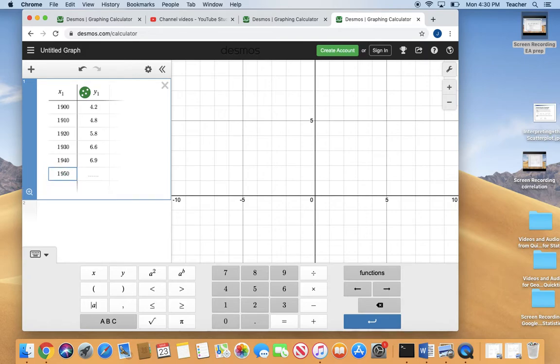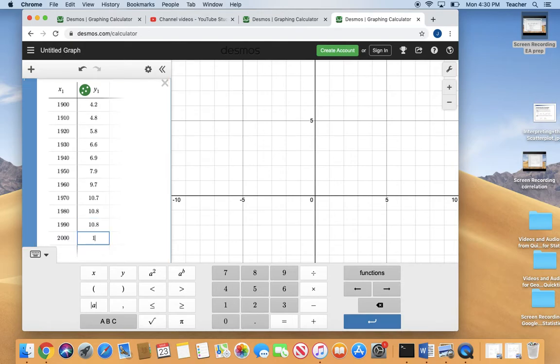So 1950 and 7.9, and then 1960 and 9.7, and then 1970 and 10.7, 1980 and 10.8, 1990 and 10.8, 2000, 11.4, 2010, 11.5, and then 2015, 11.6.